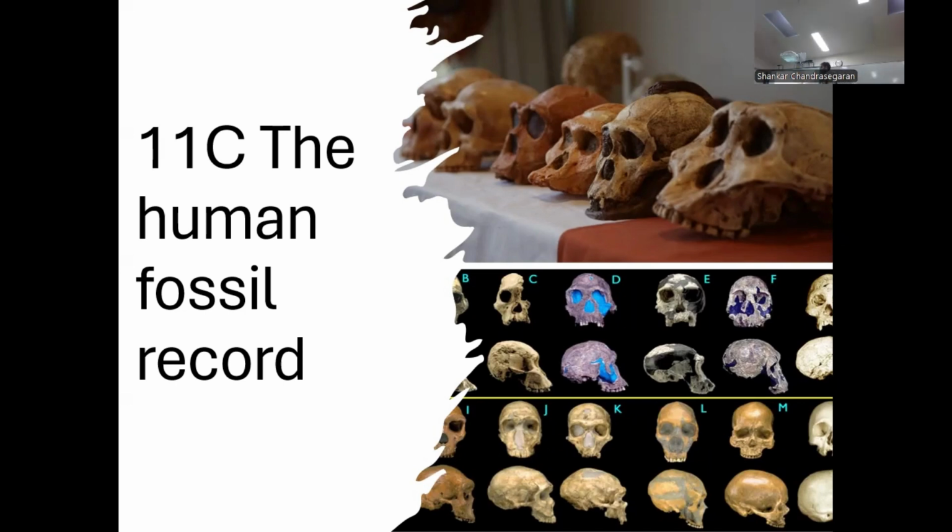Today, we're going to basically find out how we can make assumptions based on the fossils that we obtained. And also, a key point that you're going to realize from today's lesson is that we don't actually know a lot about our evolutionary relationship, our evolutionary path, due to the fact that the fossil records that we have are incomplete and also inconclusive.